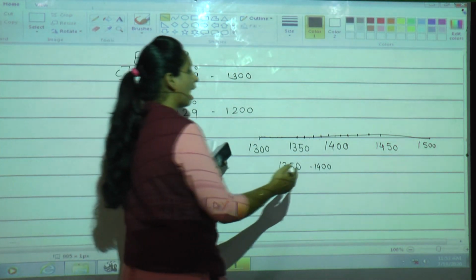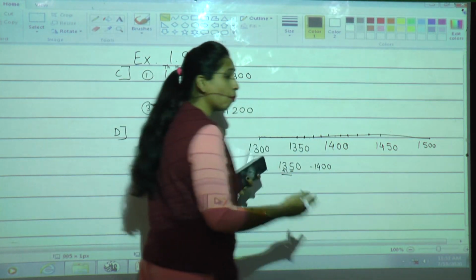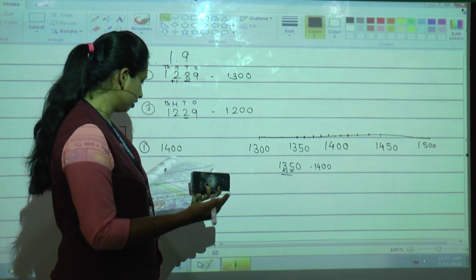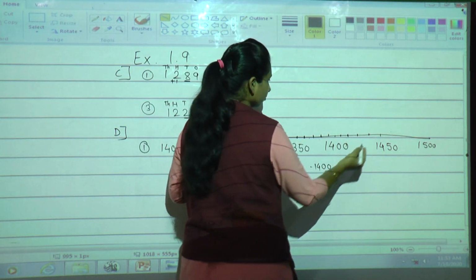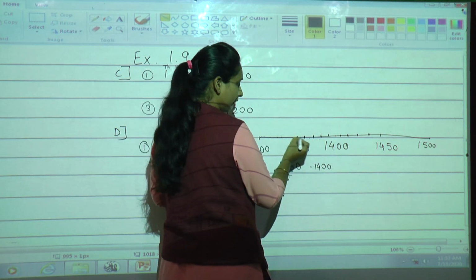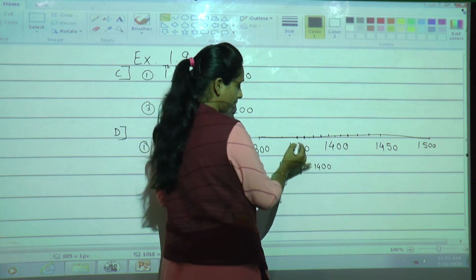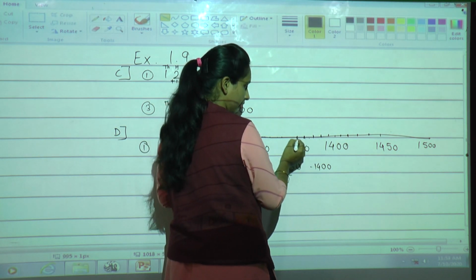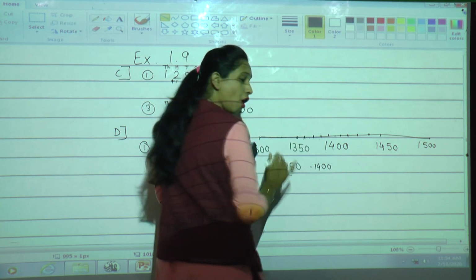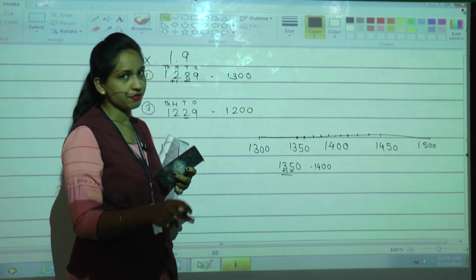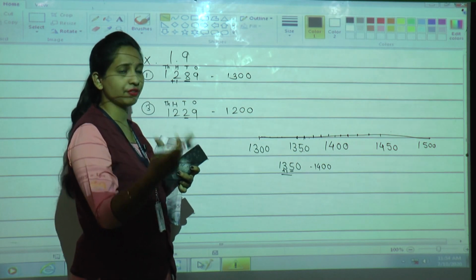And till what number we can round off to 1400, now we will see here. All numbers in between will come. I have taken in tens, 1350, 60, but in this also all numbers are there, like 1351, 52, 53, 54, 55.